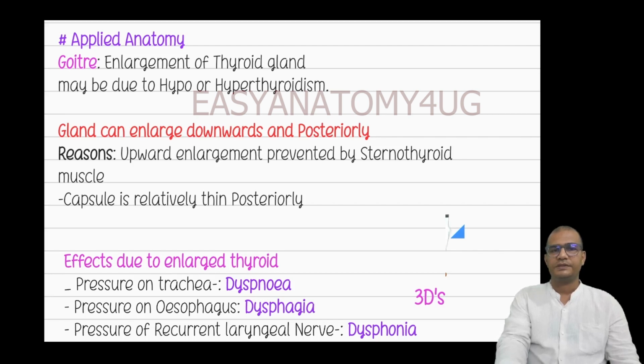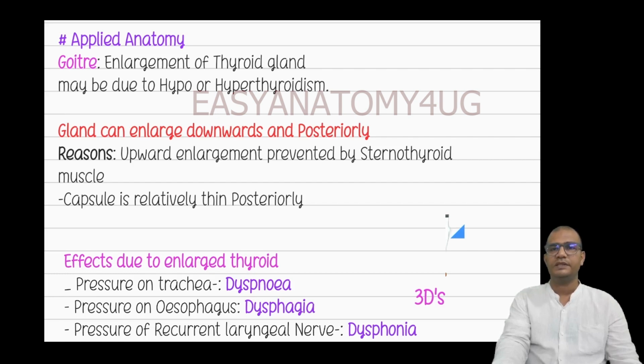What are the effects of the enlargement of the thyroid gland? If we remember the relations of the thyroid gland, then it is easy for us to remember the effects. Pressure on the two tubes: the pressure on the trachea will cause dyspnea, difficulty in breathing, whereas pressure on the esophagus will lead to difficulty in swallowing the food.